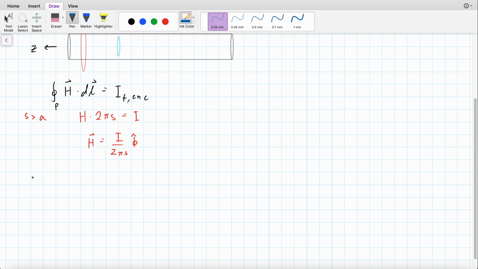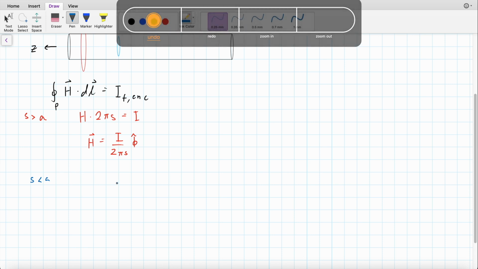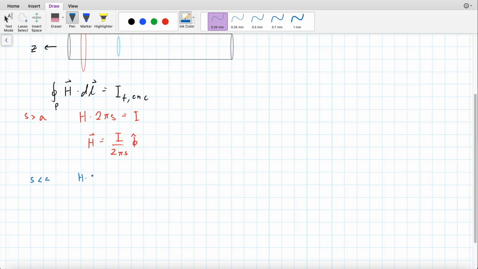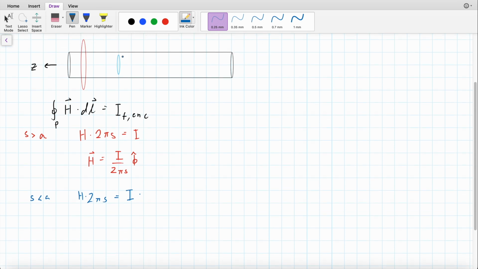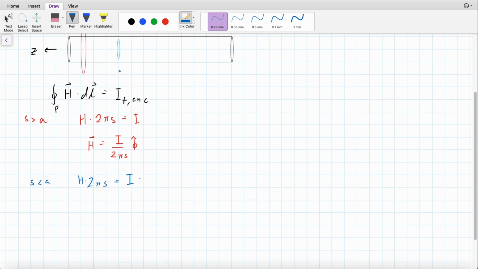For the inside case, s less than a, same thing, closed path. I don't need to rewrite that. Okay, H times 2 pi s is equal to I, and here we run into a sort of issue. Since we're not even encompassing the entire wire, there's going to be a ratio between the section that we are enclosing in this small circle and the total radius of this wire.